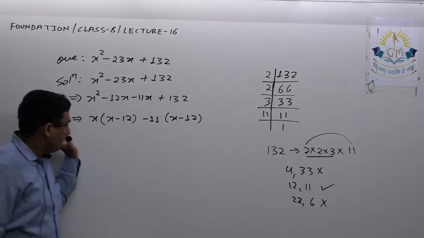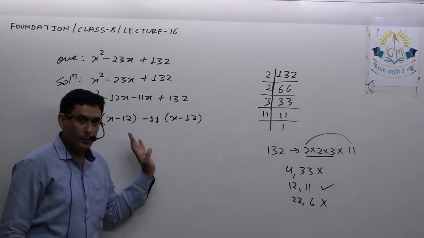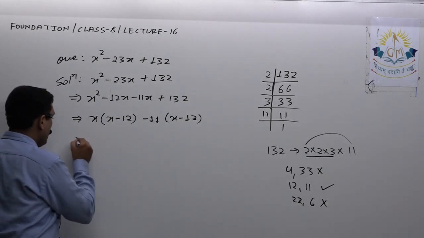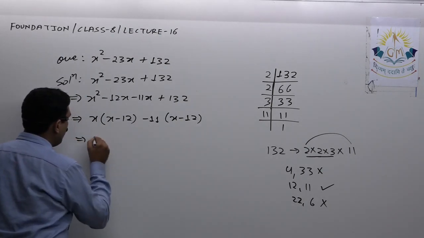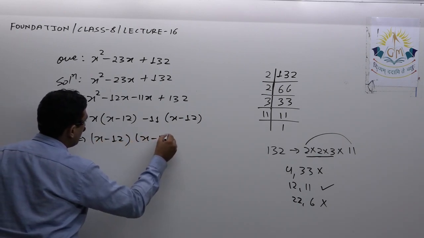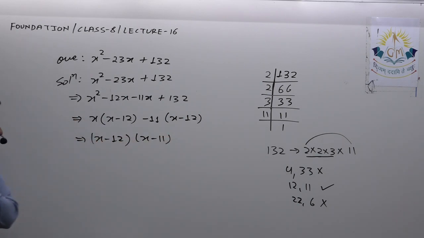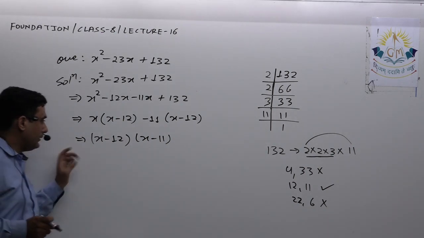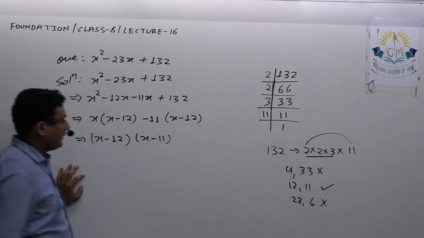If you are checking whether the sum and the product are according to the rule or not, by default here you will get common. So this x minus 12 is common in these two. If I take x minus 12 common, here I will get x minus 11. So these are the factors of the given expression.